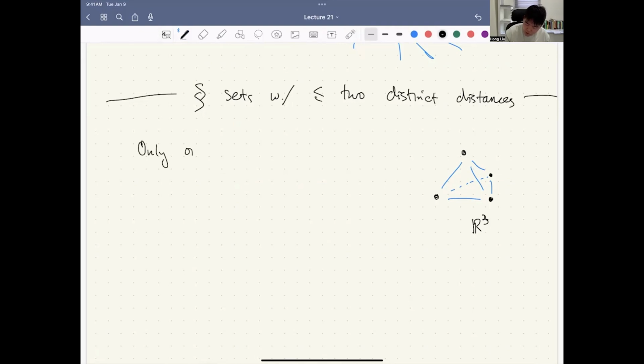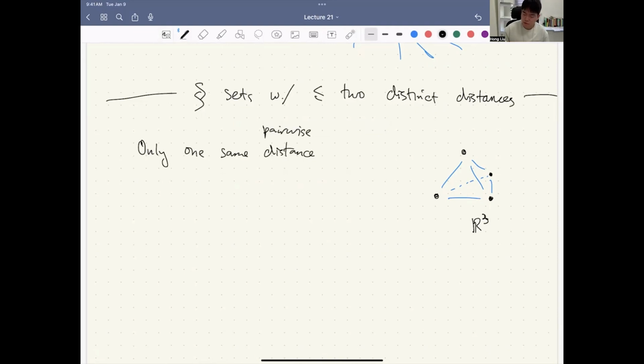When there's only one same pairwise distance for a set of points P, then P is at most n plus 1. You cannot have, for example, in the R3 case, more than 4 points. That's easy to answer, and this bound is tight.